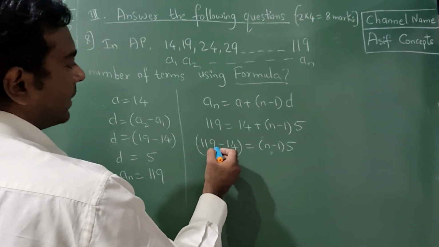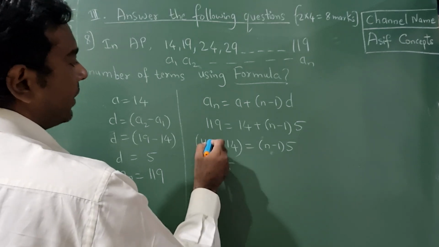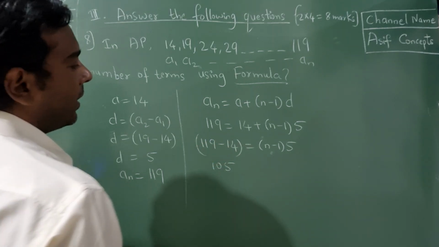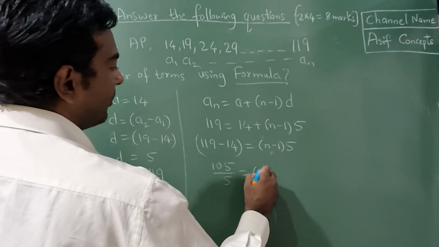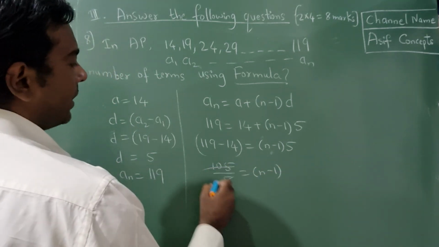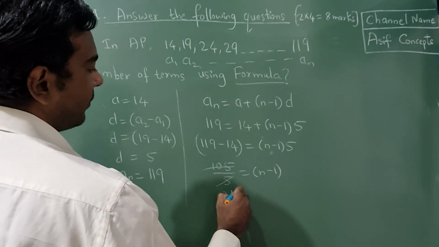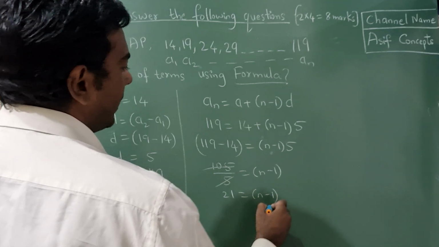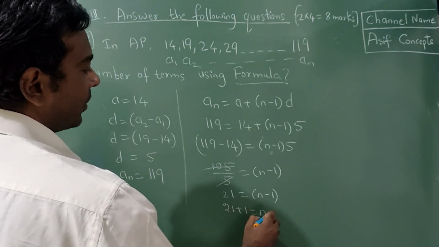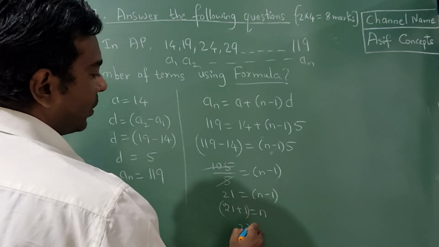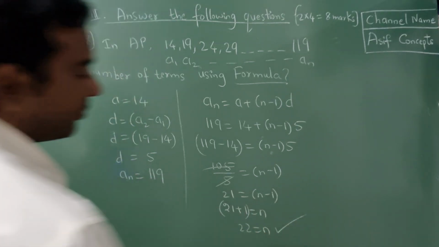So if you subtract how much? 105. Okay. Take this 5 in the denominator. So 5 ones are 5, 5 twos are 10, and 5 ones are 5. N minus 1. Minus 1 goes to the left hand side, it will become plus 1. So n value is 22.